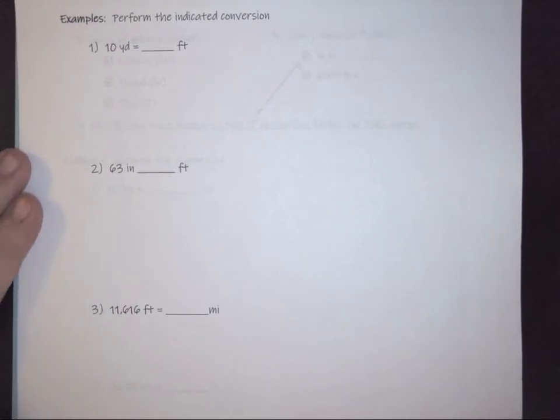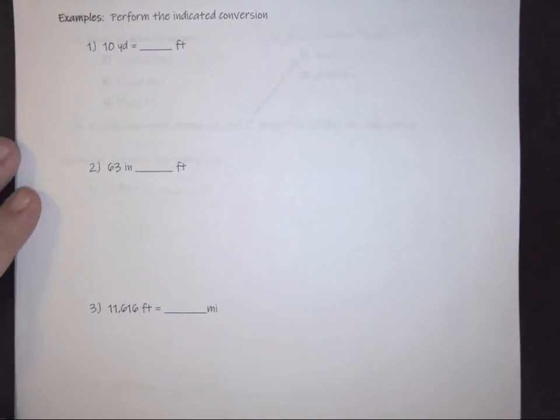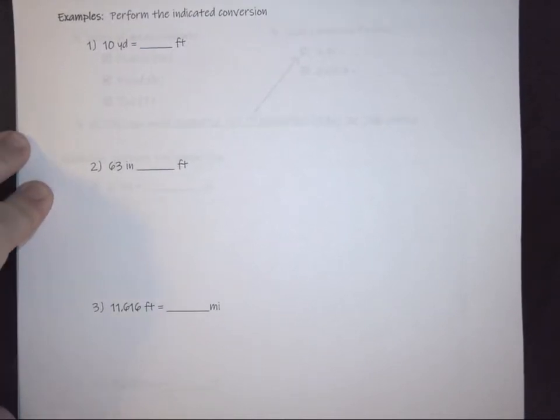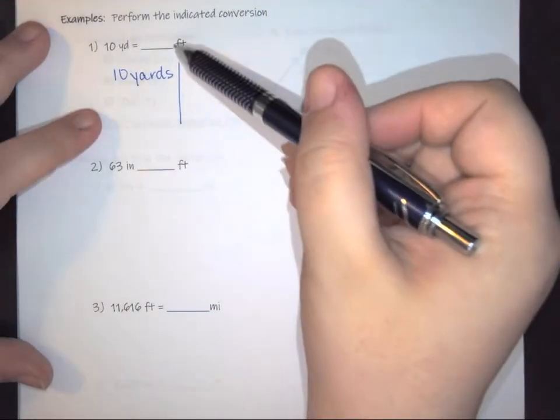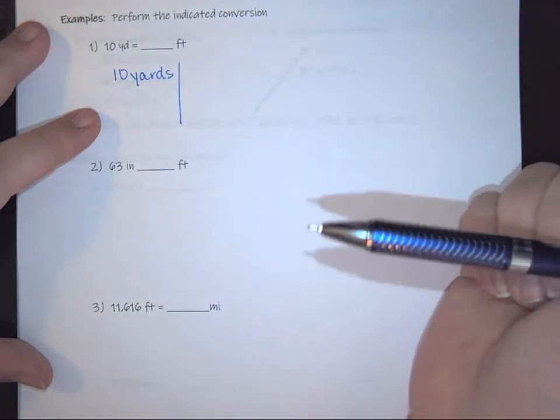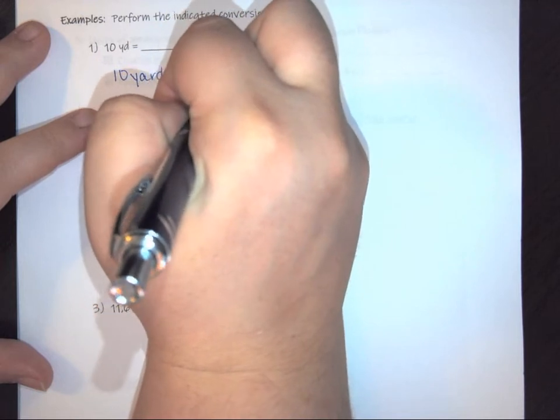So here what you need to do is perform the indicated conversion. So we want to go from 10 yards into some unknown feet. And so here the table format says I have 10 yards on the top. And then I want some unknown feet, so I need to use my conversion factor, which says that there are 3 feet per yard.